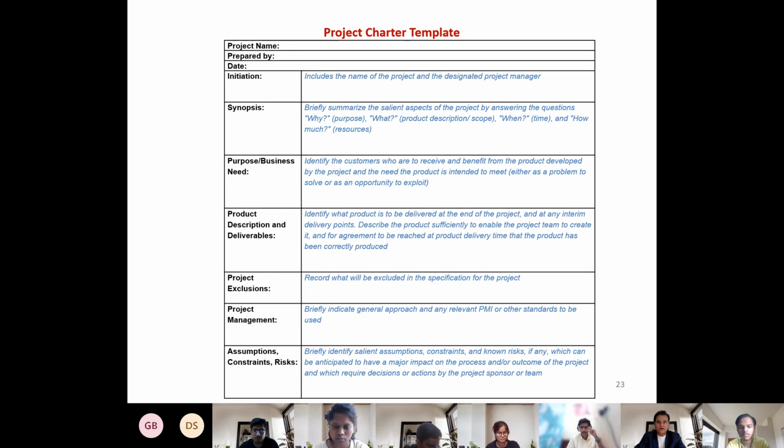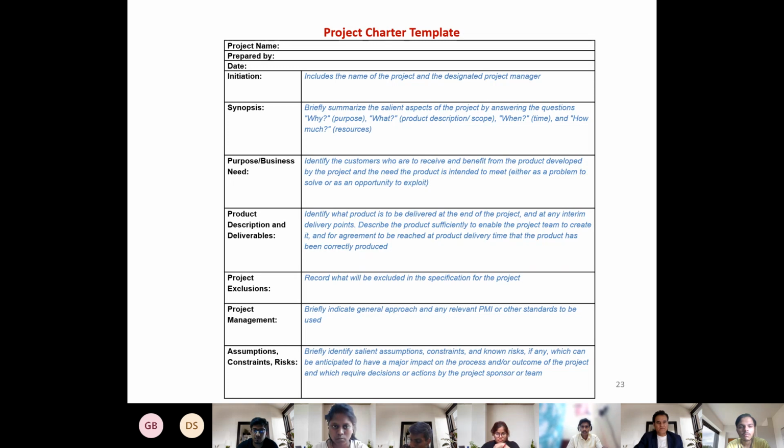So very one-line brief of telling the story at the very broad level. That this is the project, this is the person who is going to deliver the project, and then you write the synopsis.